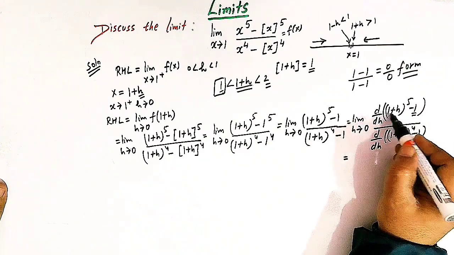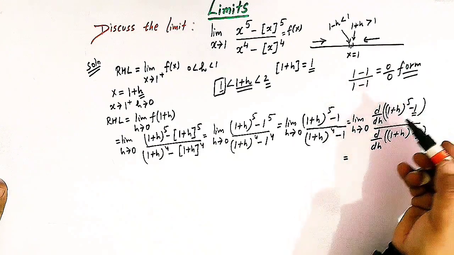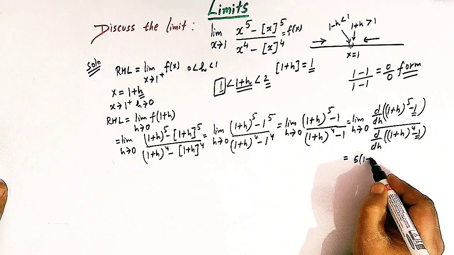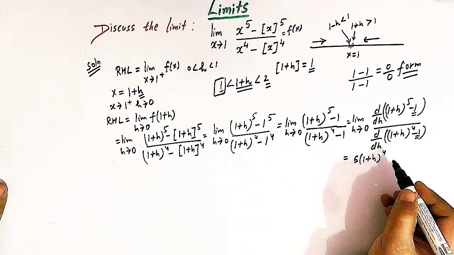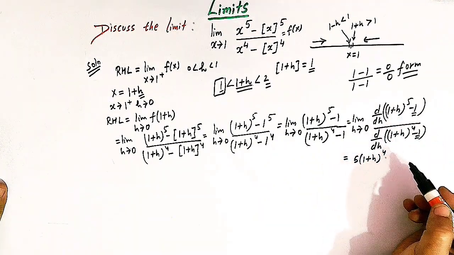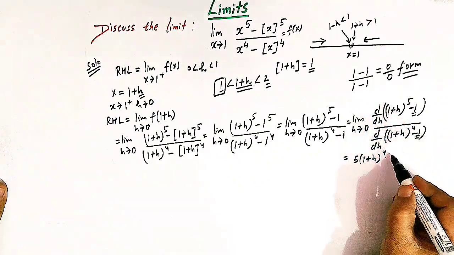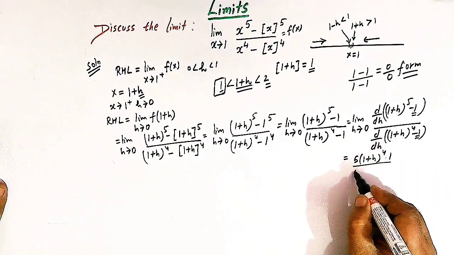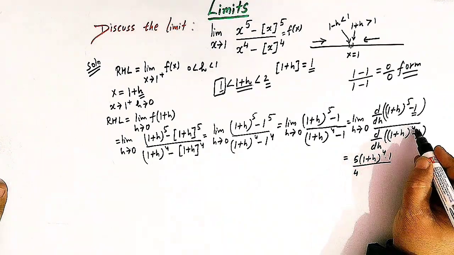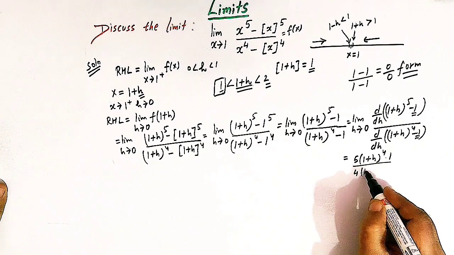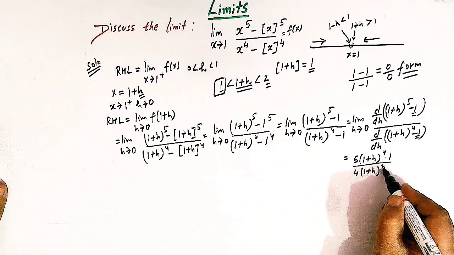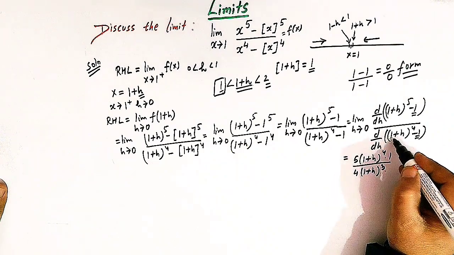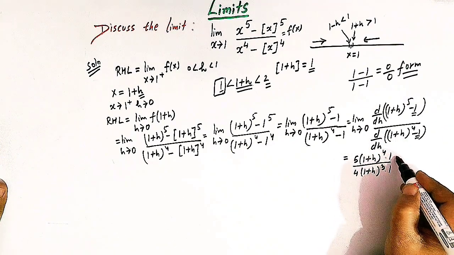The derivative of (1 plus h) raised to 5, by the power rule, is 5 times (1 plus h) raised to 4, and by the chain rule the derivative of 1 plus h is simply 1. In the denominator, the derivative of (1 plus h) raised to 4 is 4 times (1 plus h) raised to 3, since 4 minus 1 is 3, and the derivative of 1 plus h by the chain rule is 1.